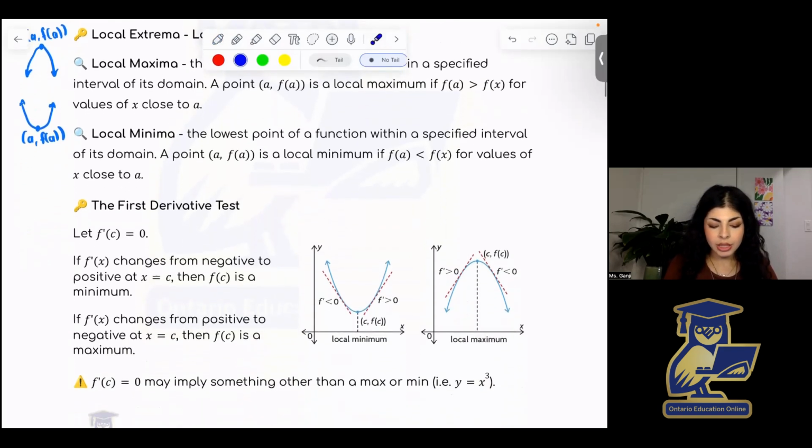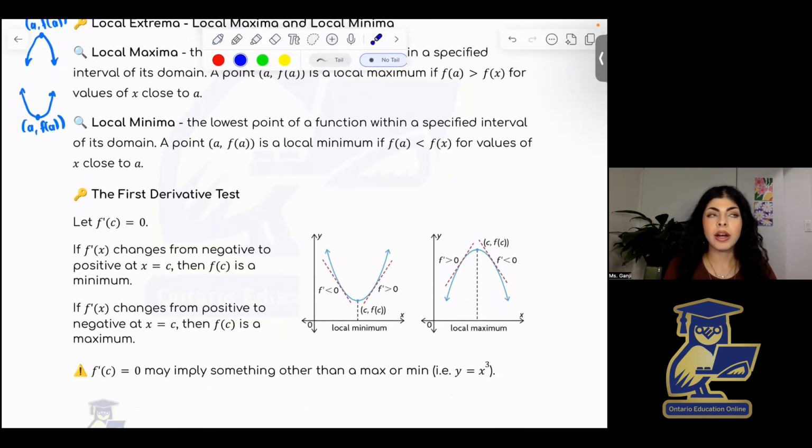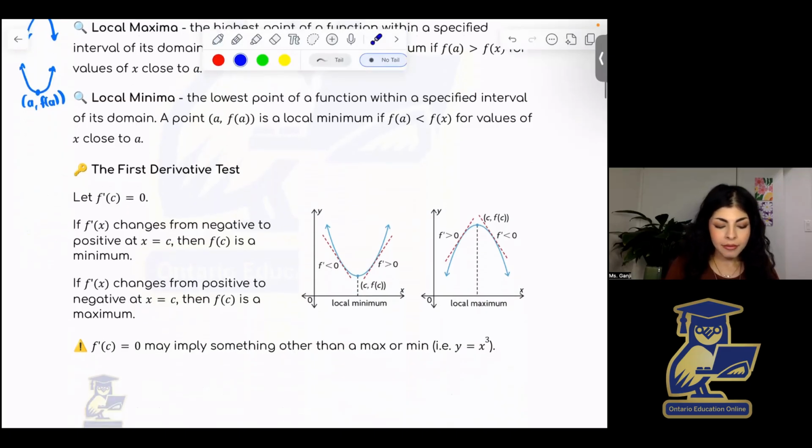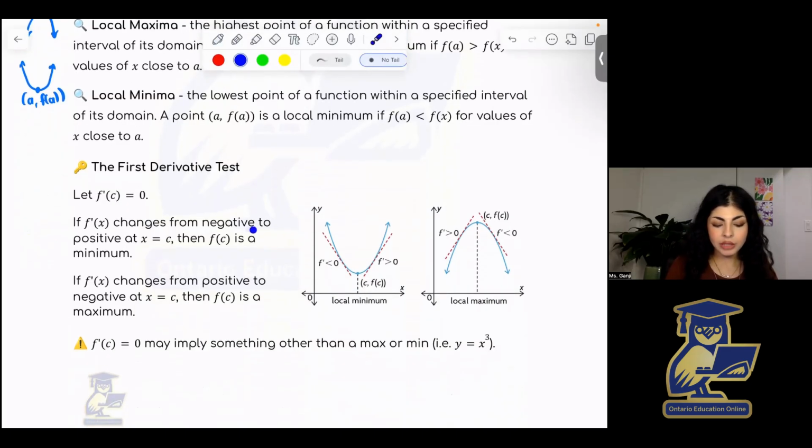And this is actually giving us our first derivative test. So let f prime of c be equal to 0, so a critical point. And if f prime of x changes from negative to positive at x equal to c, so the tangents are going from negative, as you can see, this is a negative tangent and it's becoming positive now, then we say that this is a minimum or a local minimum.